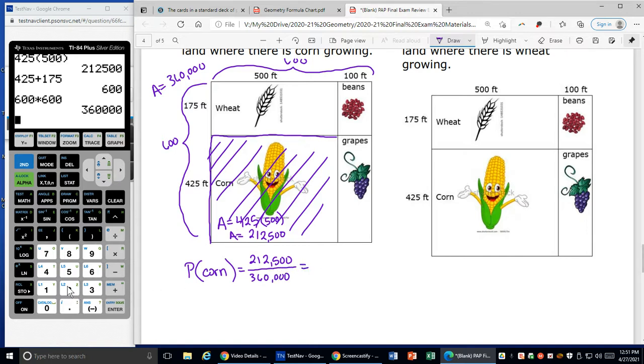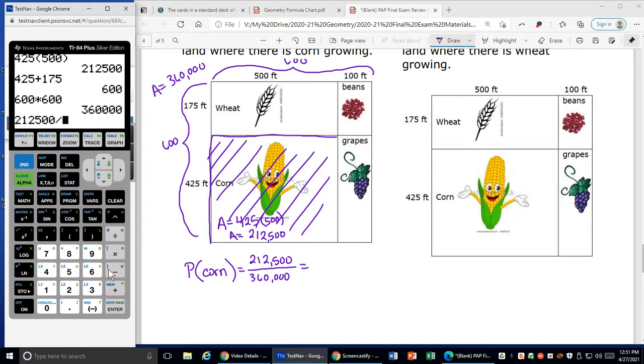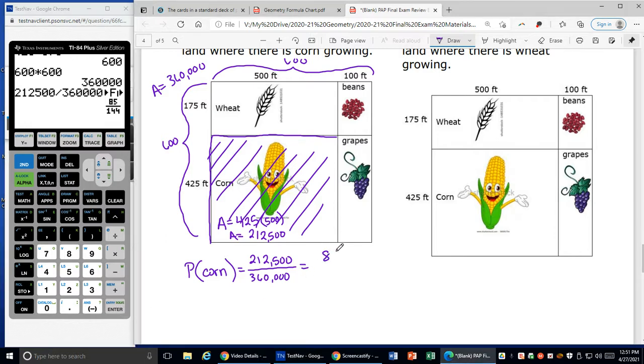So let's reduce that probability. 212,500 divided by 360,000. Math, fraction, enter, is 85 over 144. That is the probability that the bird just randomly lands in the section that has corn.